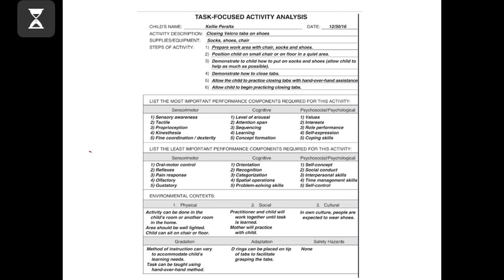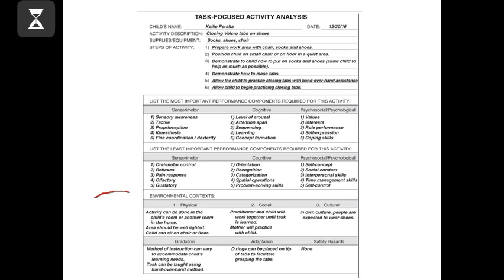Then in this method, they continue to list, but these are the least important performance components. And clearly, if someone's going to tie their shoes, then oral motor control is not necessarily a requirement. And finally, they look at the environmental context.